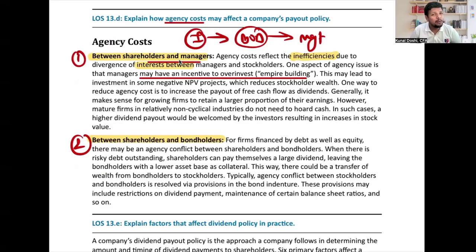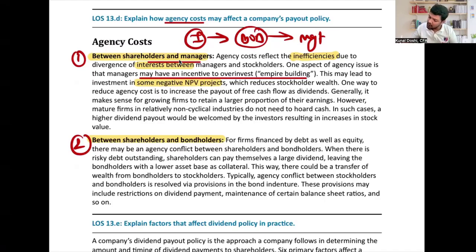Because the majority of their compensation is probably tied to the company's share price. They don't have anything to lose if the company doesn't create high share value. So managers might become over-risk-taking. They may take projects which are very risky, which may eventually destroy the wealth of the company.